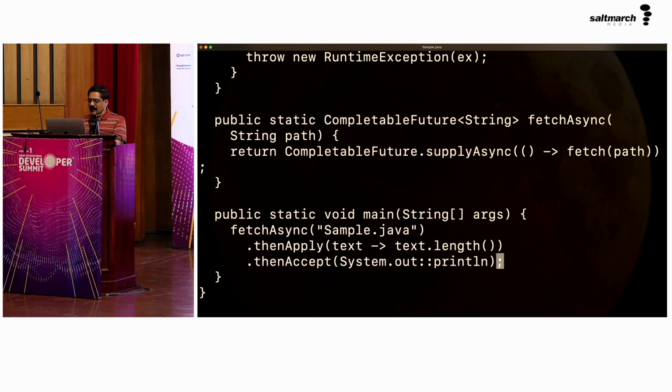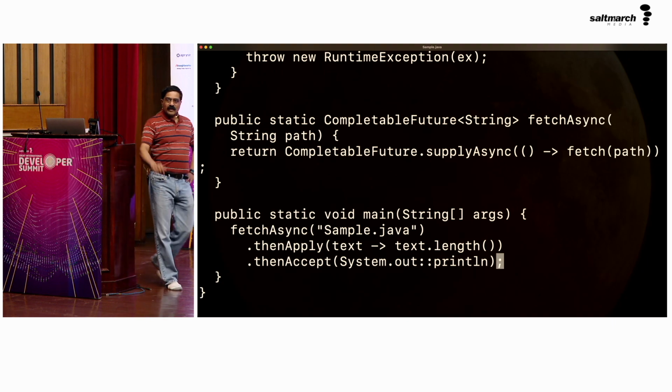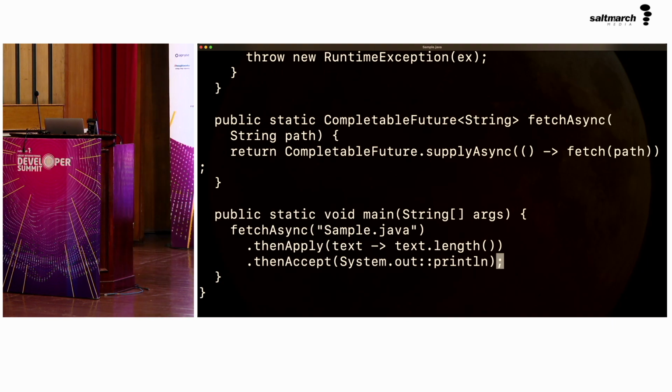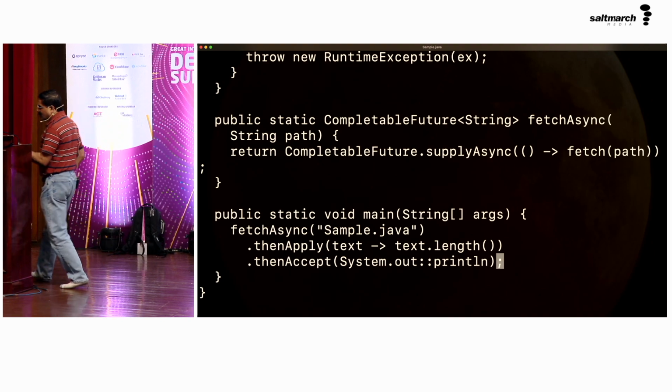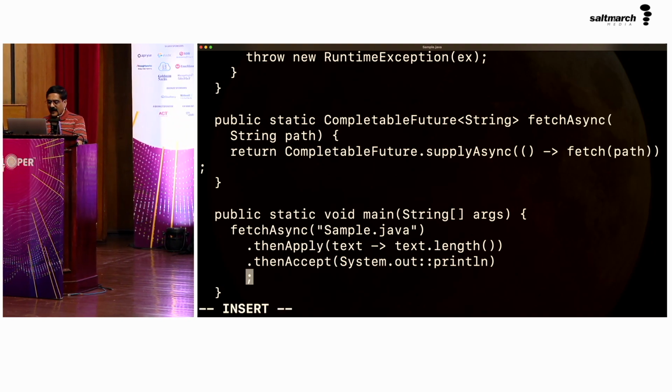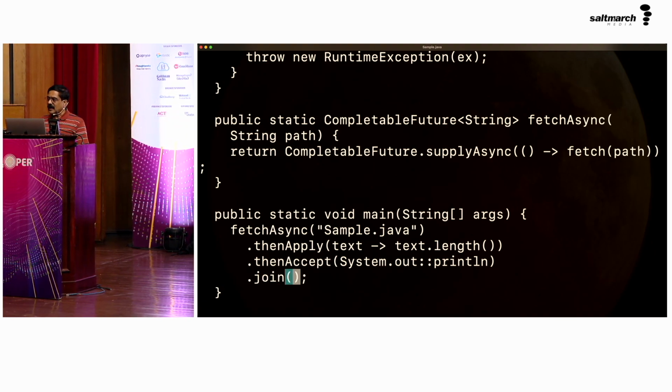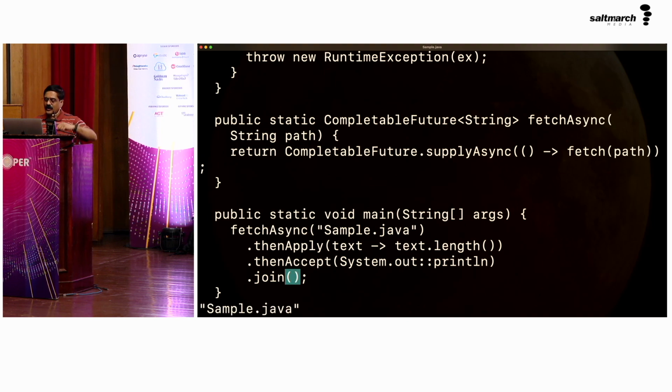Notice it didn't print anything expected. Why? Anyone want to guess? Because it is non-blocking, asynchronous. It didn't wait. The main didn't wait. The main said, here you go, I'm off. You're like, oh, where's the result? Again, I'm not suggesting you do this, but I just want to demonstrate it. .join, you're telling the main, just can you wait for that to finish?